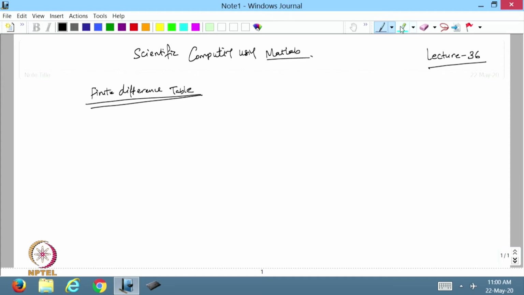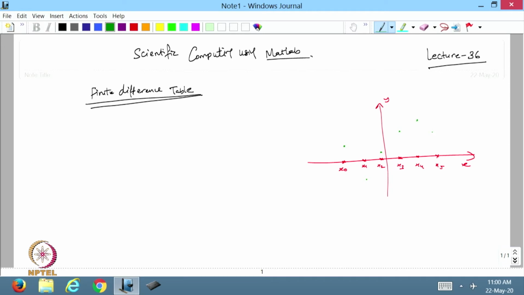So, as we know, this is my x axis and this is my y axis, and I have some data that is distributed equally spaced for the given interval. Suppose this is my x0, x1, x2, x3, x4, x5. Let us take that there are a total of 6 mesh points or nodal points, and at these nodal points we have the value of the function given to us.